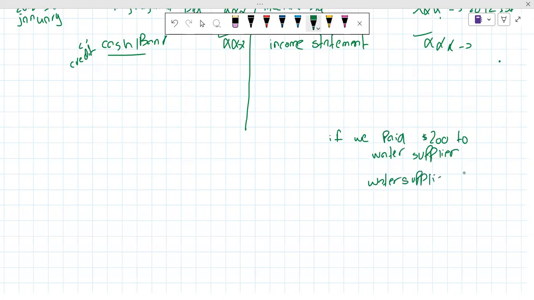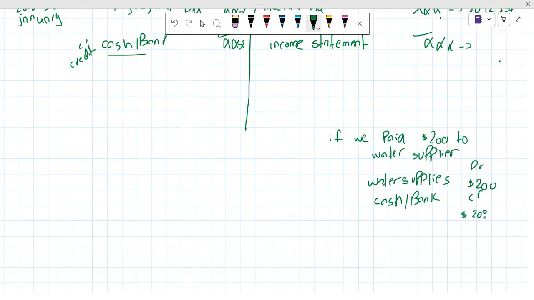So it would be debited by $200, and if we are paying this by cash or by check, cash and bank would be credited by $200.